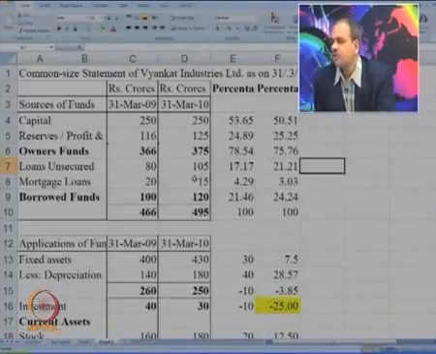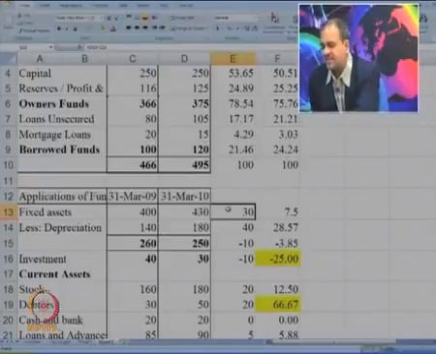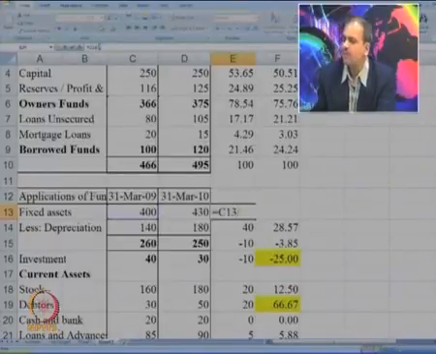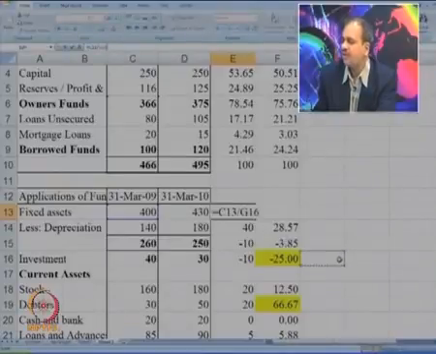We will also try to do it for the assets. In case of assets, we are going to compare it with the total of sources of funds.